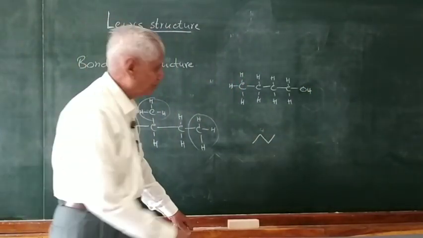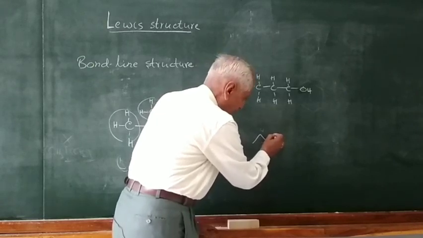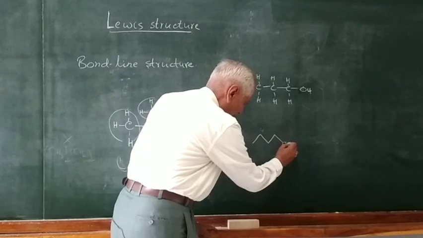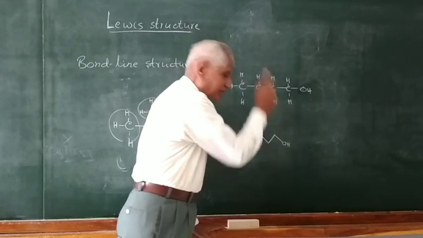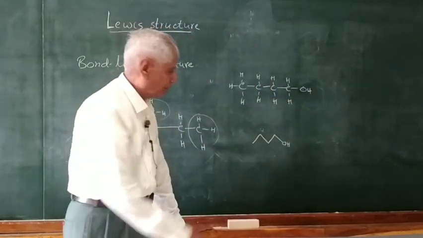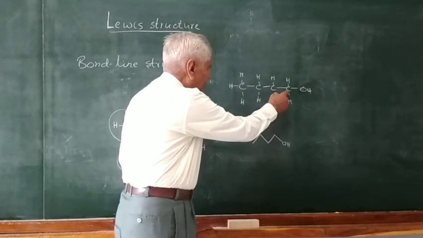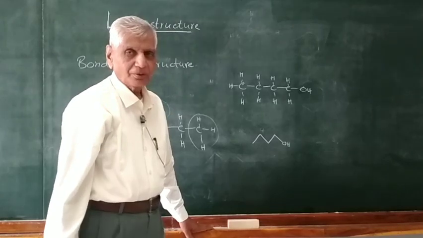To show this OH, this carbon is attached to OH. That means this group is written here. So CH3, CH2, CH2, CH2 and OH. Follow?